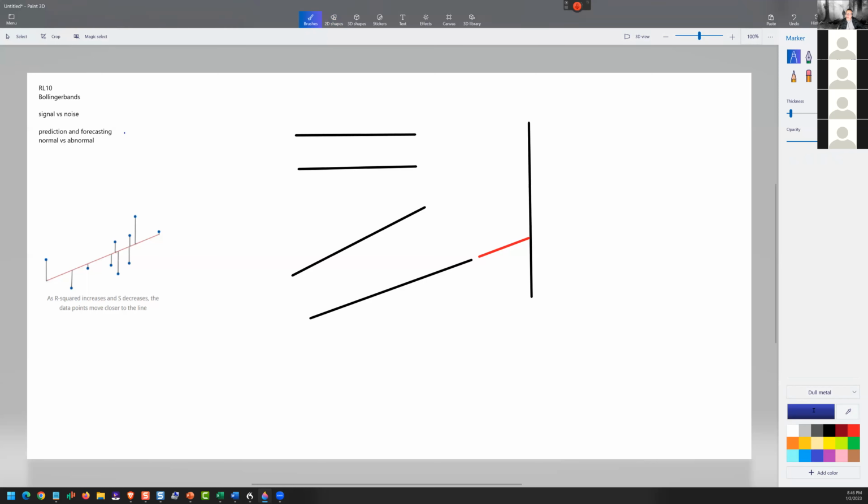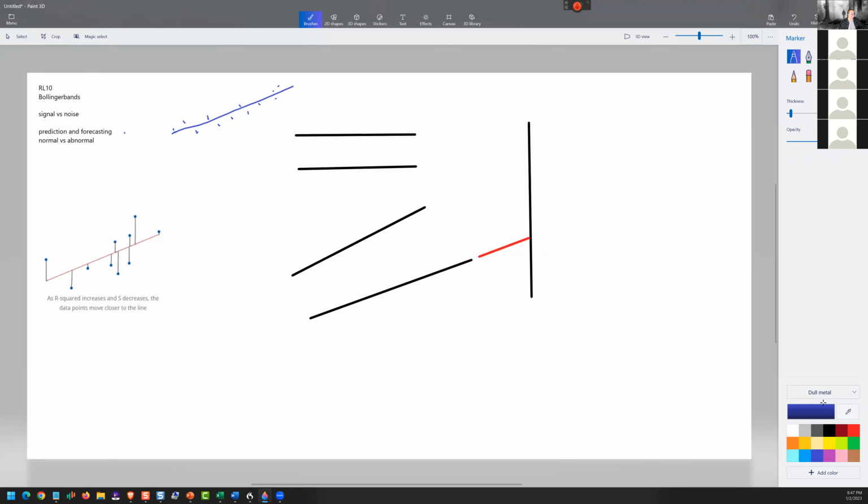So a regression line is the best fit line for a set of data. So if I have 10 data points where price is closed, something like this, the best single line that describes that is a regression line.